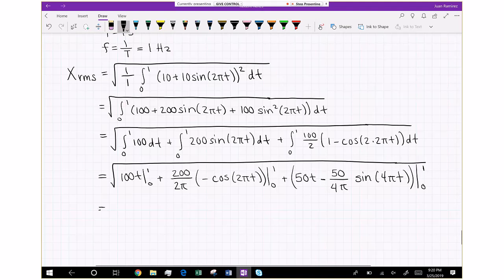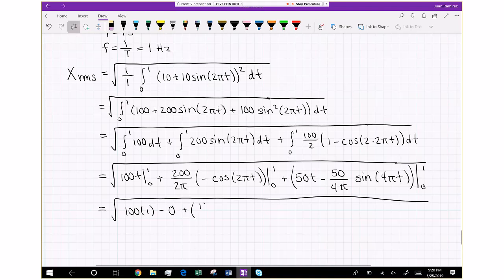Okay. And so we end up with 100 times 1 minus 0 plus 100 over pi times negative cosine of 2 pi plus cosine of 0.